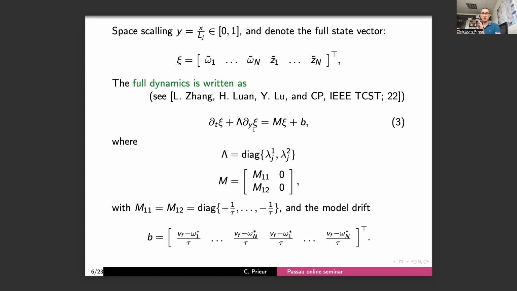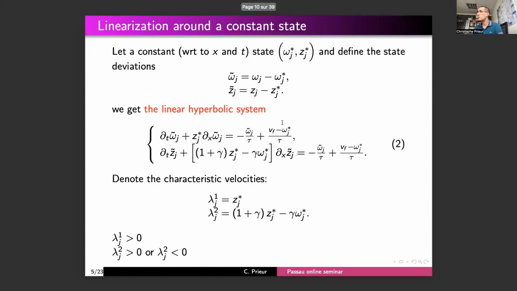There is nothing magical behind that. It is just a linear system, where lambda is obtained by stacking all the pieces of diagonal matrices into a big diagonal matrix, given by this lambda matrix. And here is a source term. What about the source term? The source term is just described by a linear function, coming from this part.